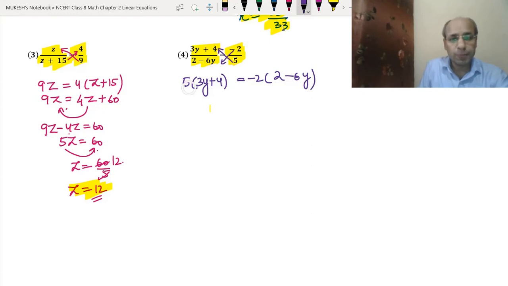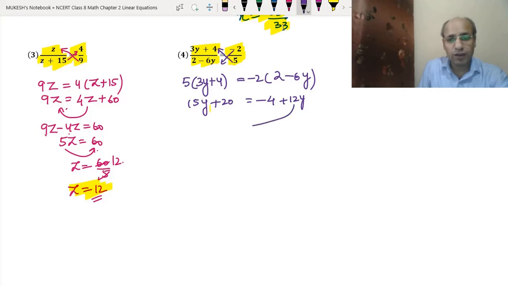So now when we multiply 5 and 3y it will become 15y, and we multiply 5 with the 4 it will become 20. Now minus 2 into 2 will become minus 4, minus 2 into minus 6y will become plus 12y.